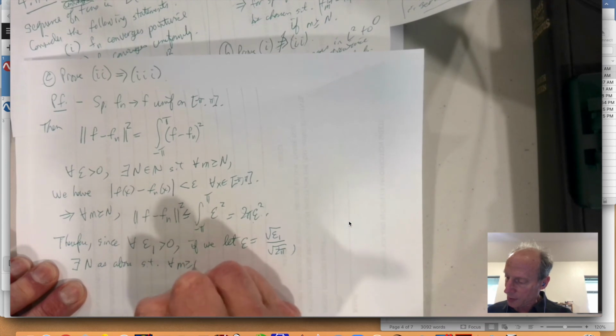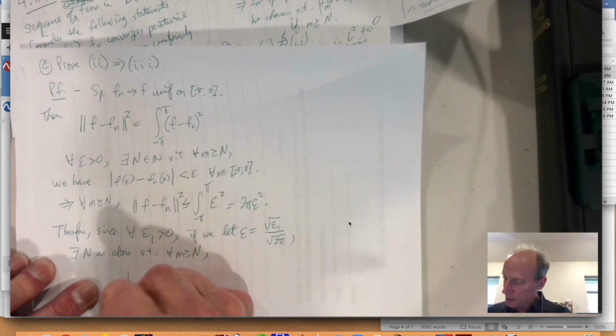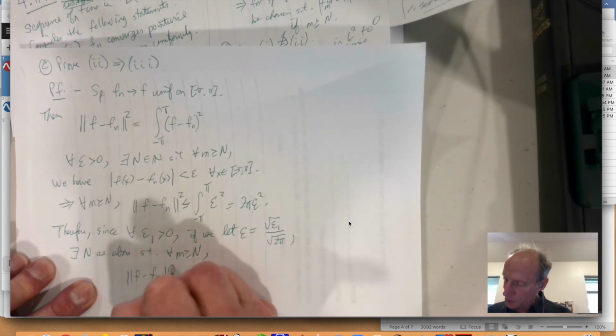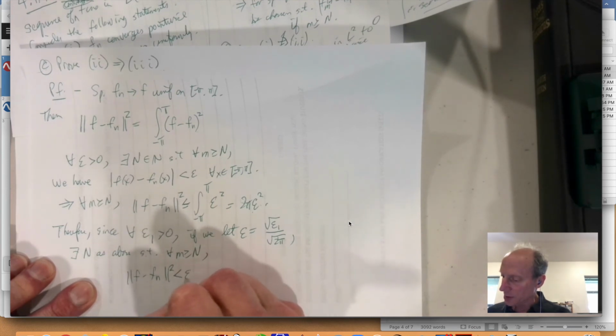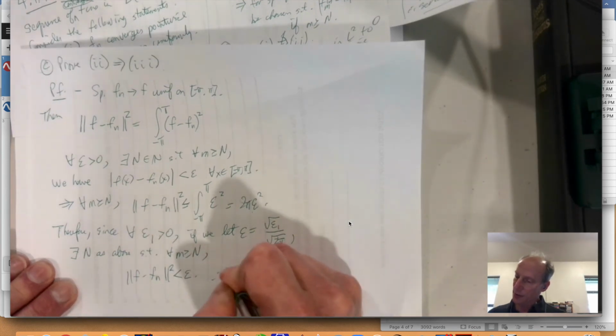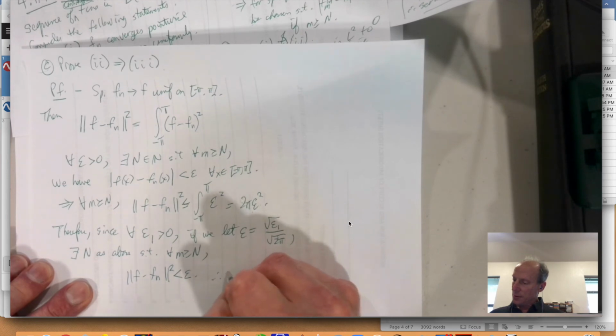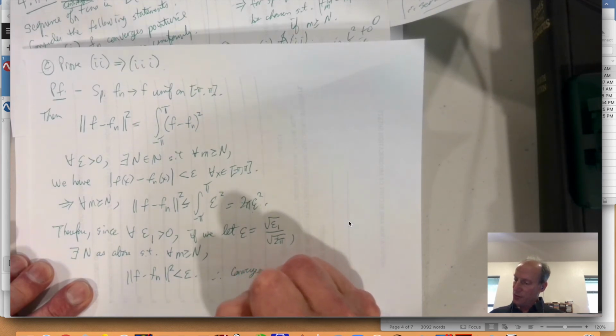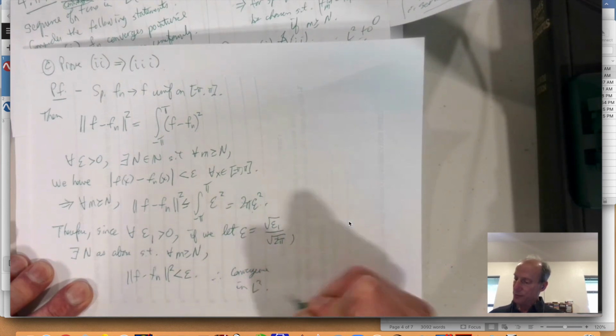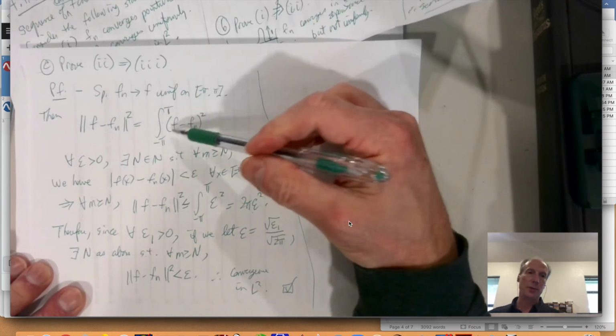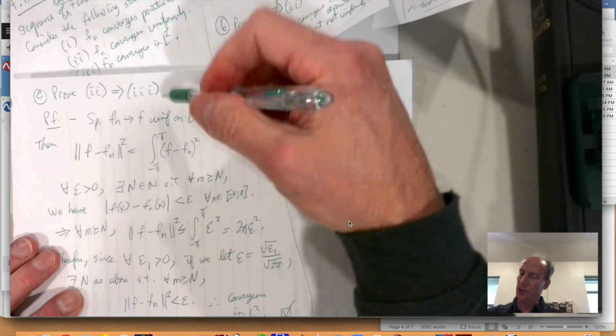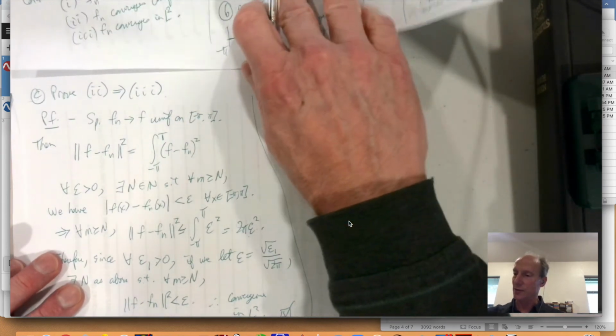There exists n as above, such that for all m greater than or equal to n, f minus fn squared is less than epsilon 1. So therefore, you get convergence in L2. QED. Right, good. So uniform convergence implies both pointwise and L2 convergence.